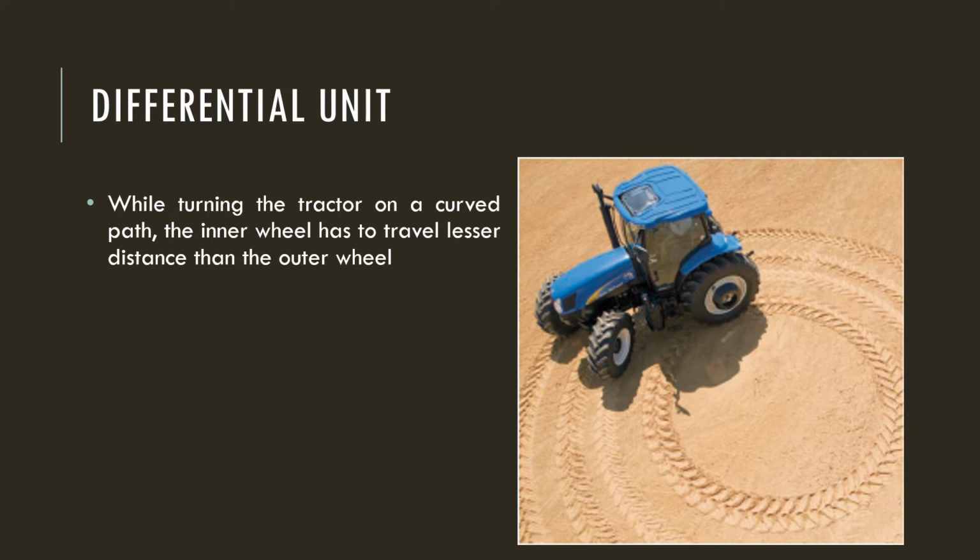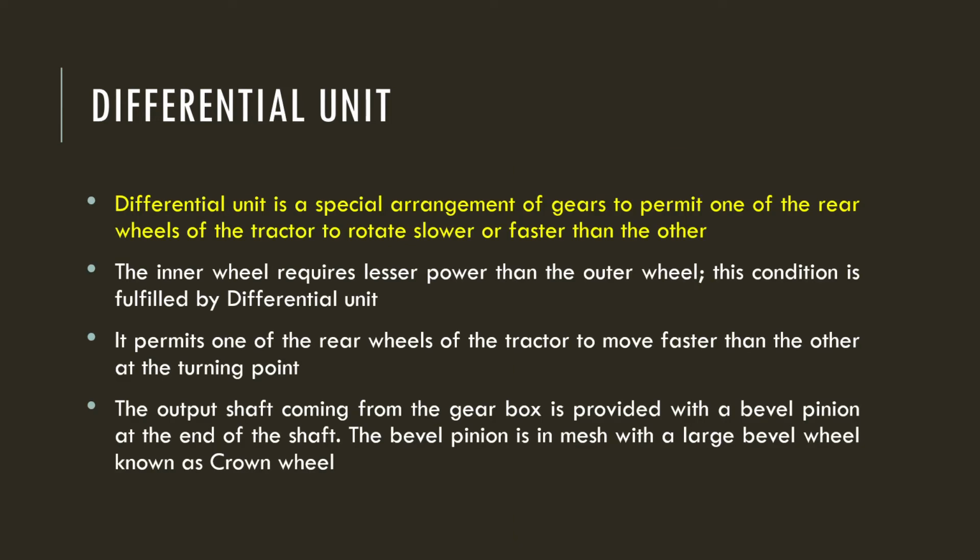But when it takes a turn, the inner wheel has to travel less and the outer wheel has to travel more. That is achieved by using a differential unit, a special arrangement of gears to permit one of the rear wheels of the tractor to rotate slower or faster than the other.